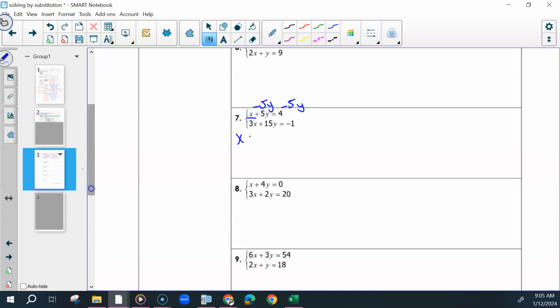So we have x equals negative 5y plus 4, and then we can substitute that into the other one, where x is. So that would be 3 times negative 5y plus 4, plus 15y equals negative 1. Go ahead and distribute.